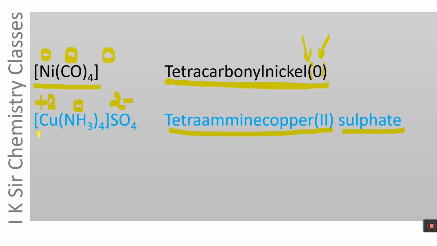The name of this coordination sphere is written as a single word, and it ends with the oxidation state of the central metal ion in Roman numerals within small brackets without any space. Sulfate is the counterion and is written after a single space.